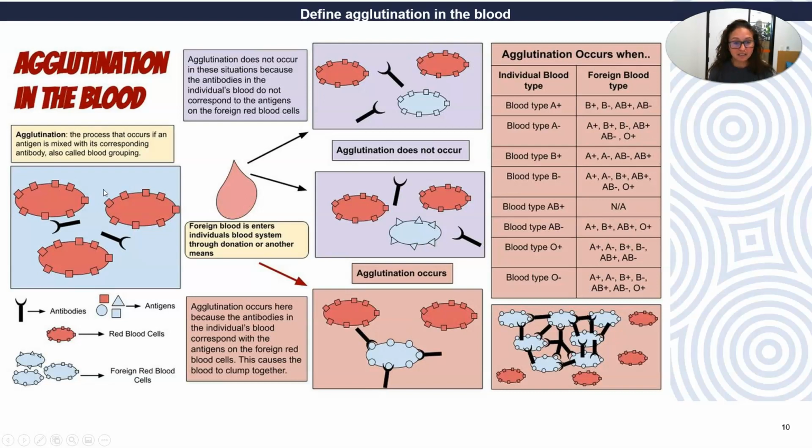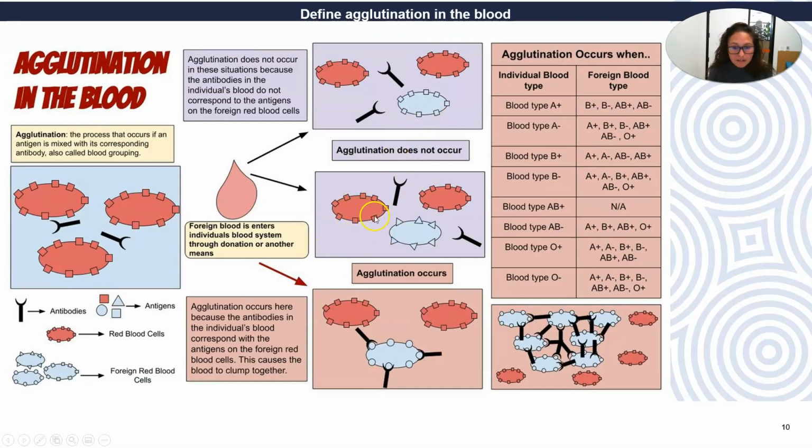So let's have a look at this one. What have you got here? You've got some antibodies, you've got some red blood cells. This person has these antigens on their red blood cells, and this is the red blood cell that we gave them. Can you see that the antibody can't stick to that? It's not the right shape. So happy days. That's what you want.